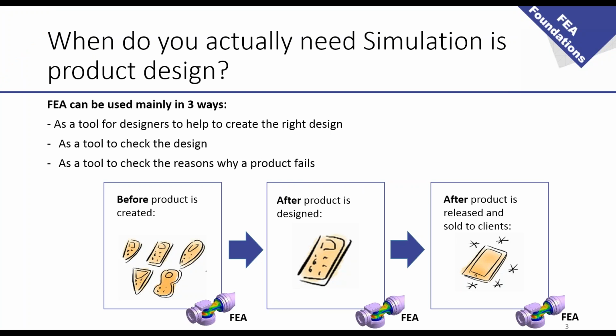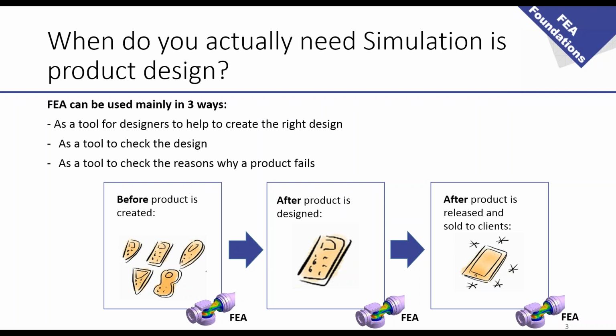So the first thing I would like to talk about is when you actually need simulation when you're doing product design. This is a very interesting topic because this is something every engineer and product designer should know. There are three main ways where you will actually need simulation in a product.